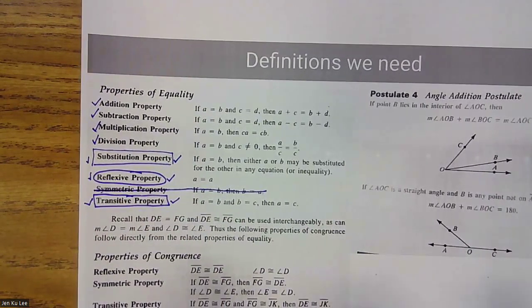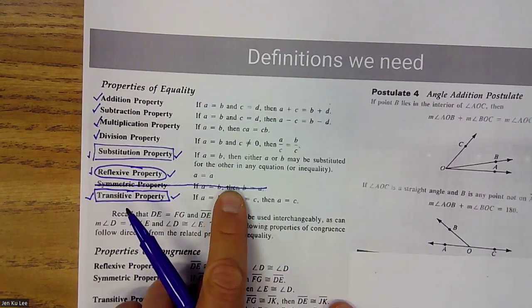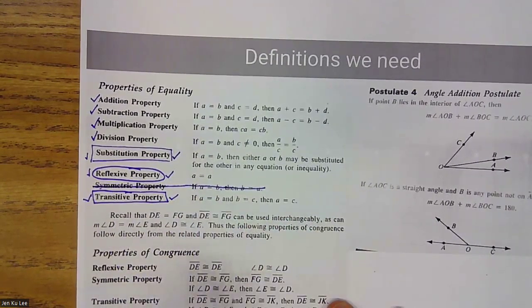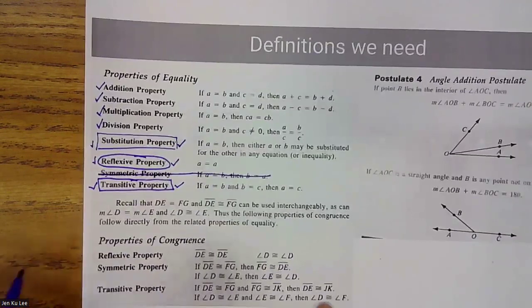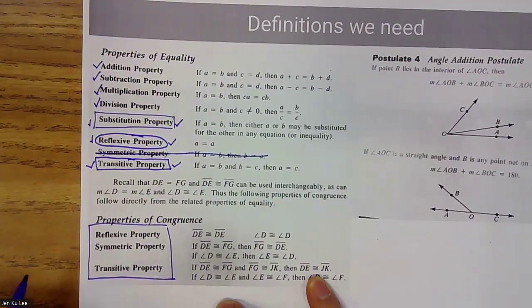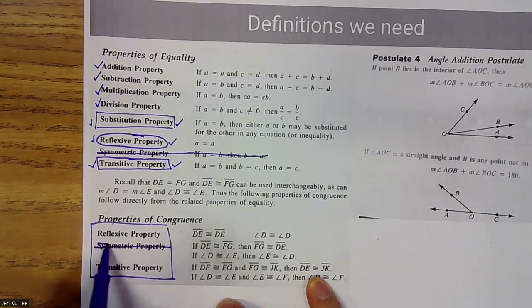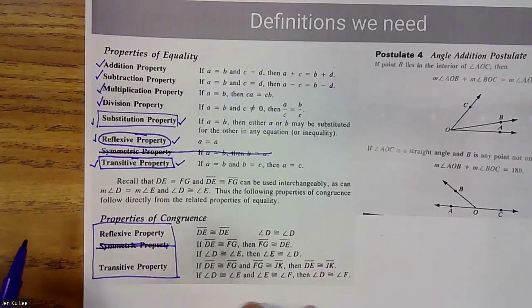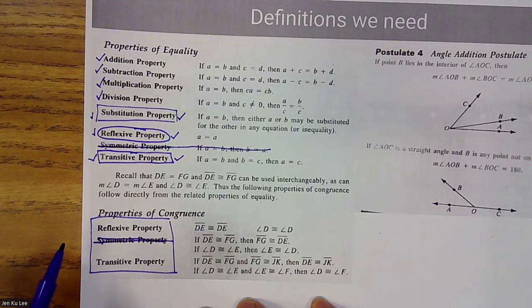They're all connected together, so we can just take out that middle train and A equals C. These three properties are the same properties, but we are talking about physical things. Remember, symmetric property we're not talking about.